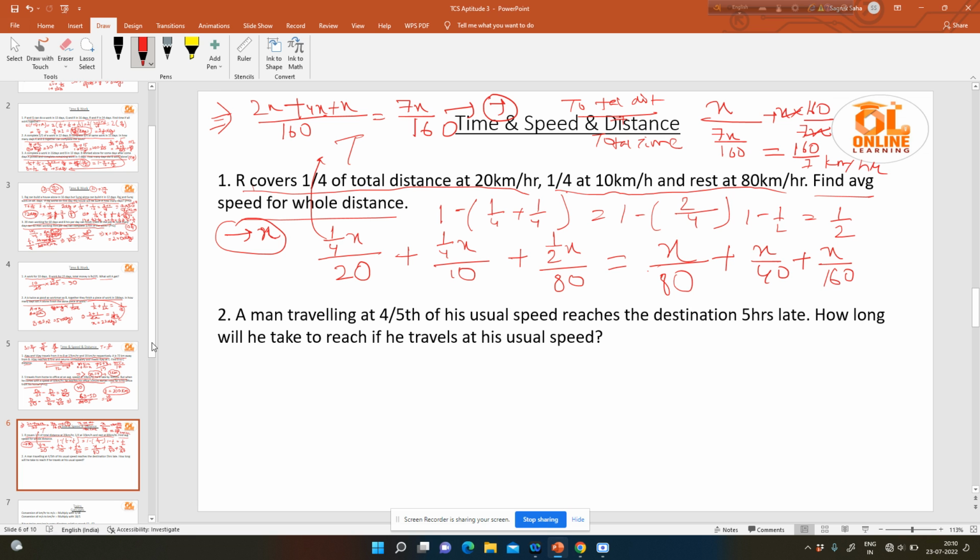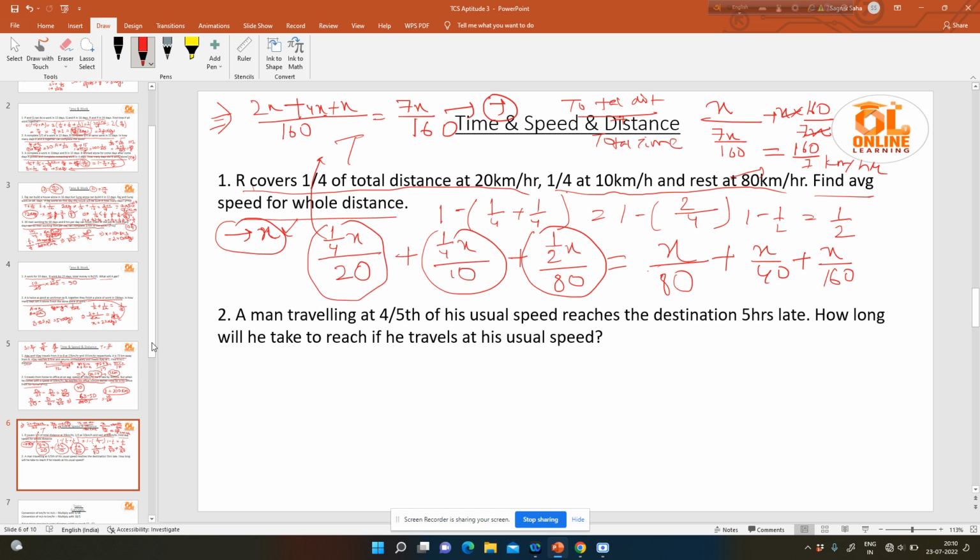So what we have done here is we considered total distance as x, then found the total time. After that, we just did total distance by total time, and found the average speed for the whole distance.